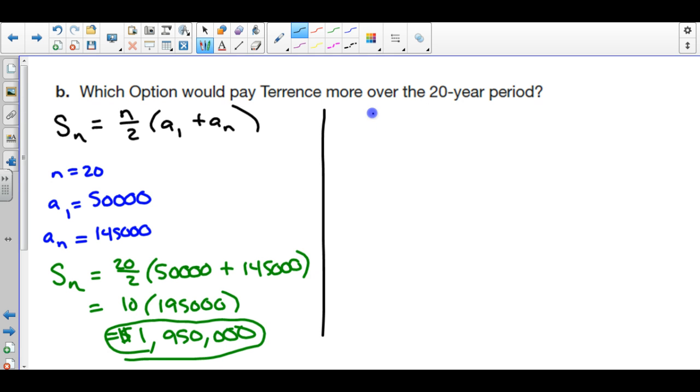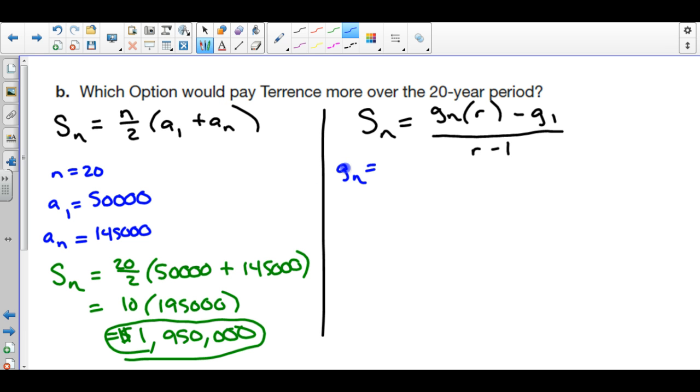Now on to the geometric one. So S sub n equals, we're going to take our last term, which we calculated for that 20th year, times our common ratio, which was the percentage that he was earning every year, minus the first term, over r minus 1. So in this case, we need to know the last term, which we calculated out to 151,279.98, and that was the amount again that he earned in his 20th year.